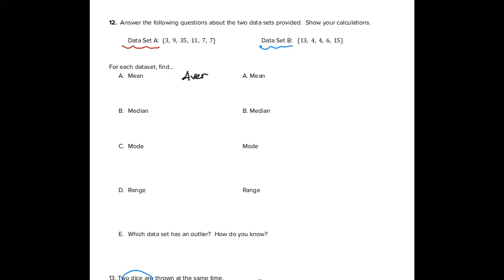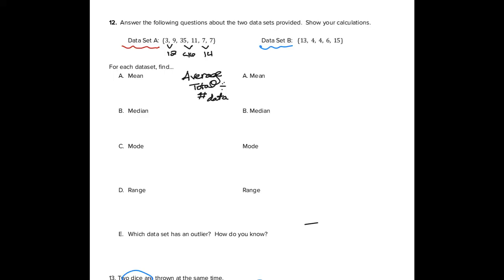Very nice. So the average means I need to find the total of all the data and then divide by the number of pieces of data that I have. Okay, divide by the number of data. So if I add these together, I'm just going to add them the old-fashioned way. So there's 12, there's 14, there is 46. Yes, 46 and 14 is 60.